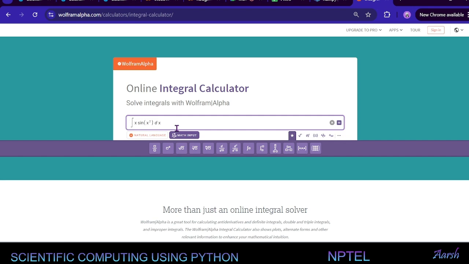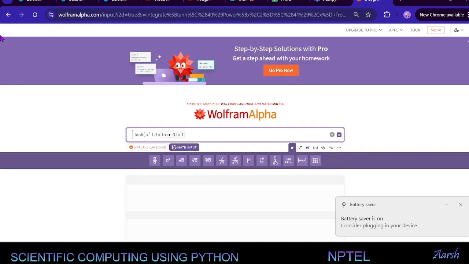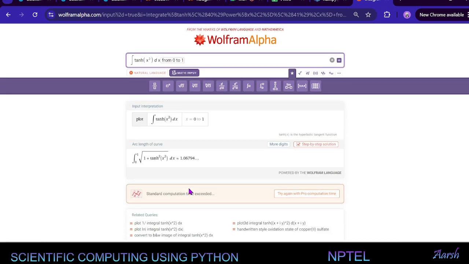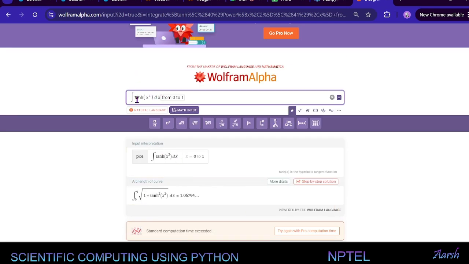So put tanh of x square dx from 0 to, just a second. It gives answer 1. Oh, did I make the same mistake that the AI did? Yeah. Well, I'm as smart as AI.